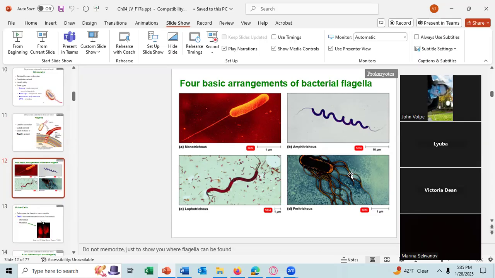I will not quiz you on the flagella arrangement, but you do need to know it for answering one of the questions on the lab worksheet. Any questions about flagella?